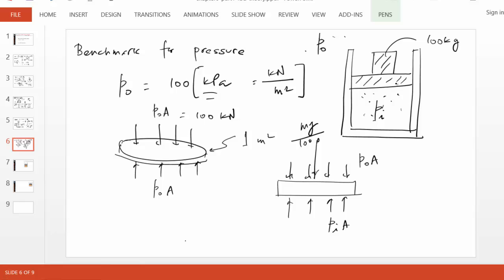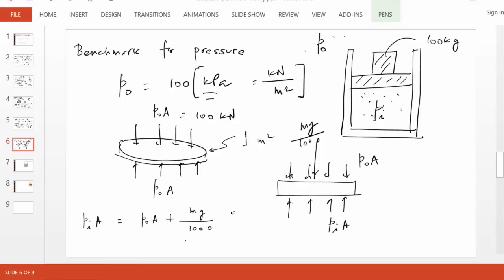So the force balance: upward force and downward force must be equal if the piston is in equilibrium. That is, there is no net force, there is no acceleration of the piston. In that case, the force balance becomes upward force equals downward force.